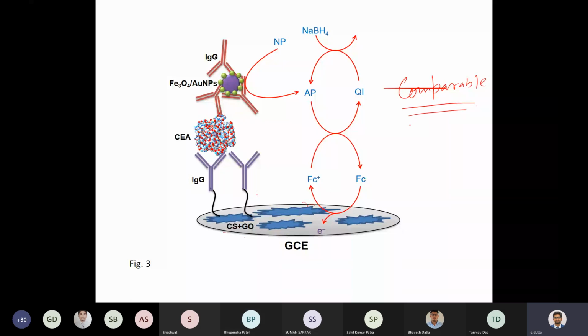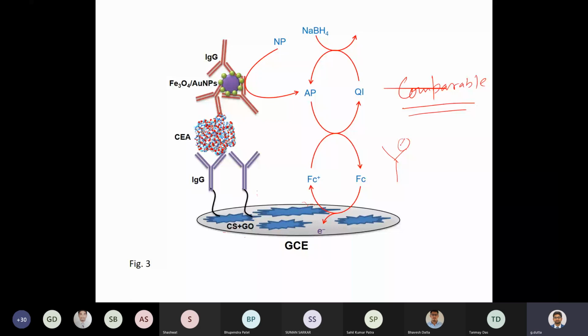Yes, sir. If you want to compare your sensor with a previous sensor, then as I said, maybe your senior has done some work. You have to borrow the concept, check it with your biosensor, and compare. Comparable means your target should be the same, right?